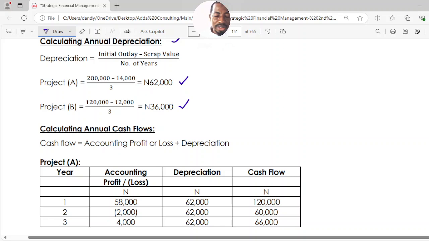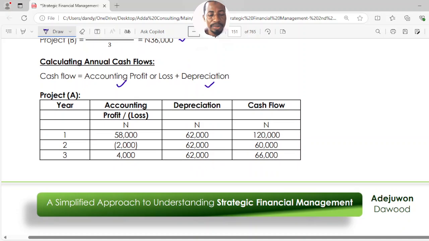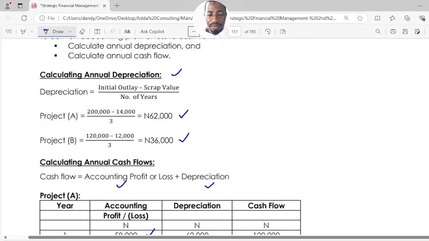Now that I have the annual depreciation, I need to compute my cash flows. Therefore, cash flow is equal to accounting profit plus annual depreciation. Then I will create a column. It is better for you to create a table to be able to do this. You are going to appreciate it. All right. The accounting profit given to me for project A is 58,000, minus 2,000, then 4,000. The annual depreciation of project A is 62,000 naira.